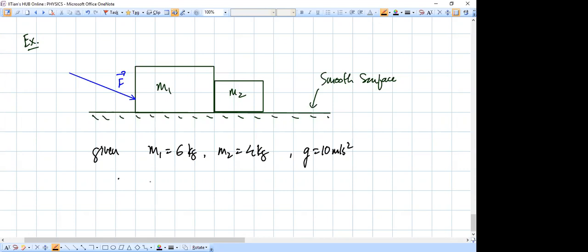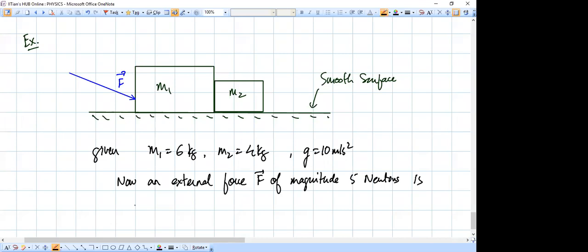Now an external force F of magnitude 5 newtons is applied at 37 degrees to the horizontal on M1 as shown. So what we have to do next is find the acceleration of the blocks.